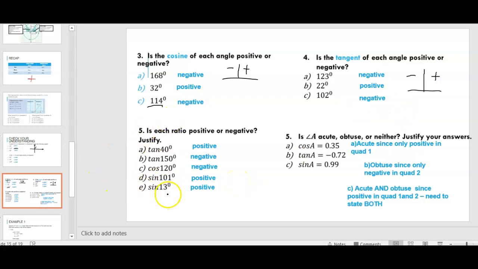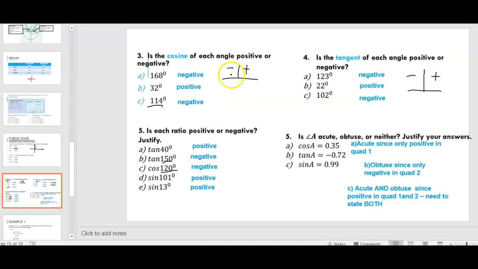Now here is a combination of what we've done so far. We have tangent of 40 degrees. Tangent of 40 degrees on the first quadrant is positive. 40 is an acute angle, positive. Tangent of 150 degrees. 150 is an obtuse angle located on the second quadrant. Tangent there is negative. Cosine of 120. 120 again is an obtuse angle located on the second quadrant.